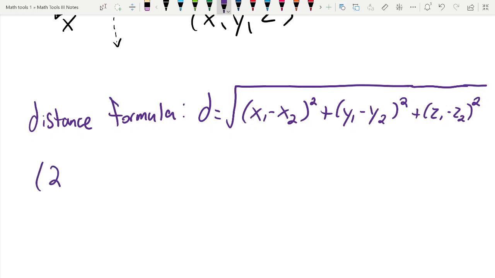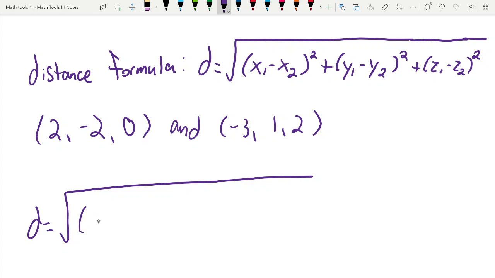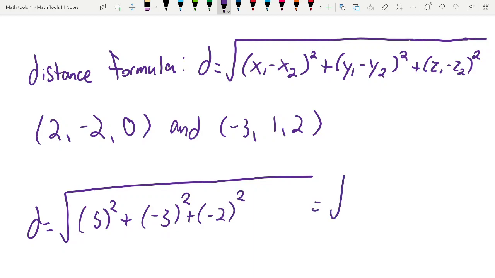So in the example I just had written out here, we have 2, -2, 0, and -3, 1, 2. So to find the distance between these, we would do 2 minus -3 squared, so 5 squared, plus -2 minus 1 squared, so -3 squared, plus 0 minus 2 squared, so 2 squared. So we get 25 plus 9 plus 4. So what's that? Square root of 38. Okay.